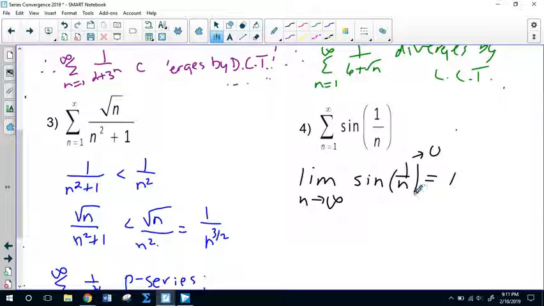According to the nth term test for divergence, if my limit does not equal 0, then the series must diverge. So without doing a whole bunch of extra work, I can determine that this series diverges.